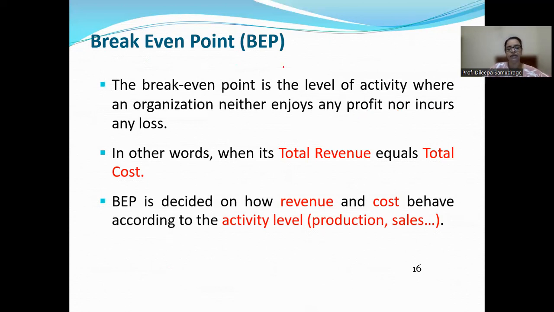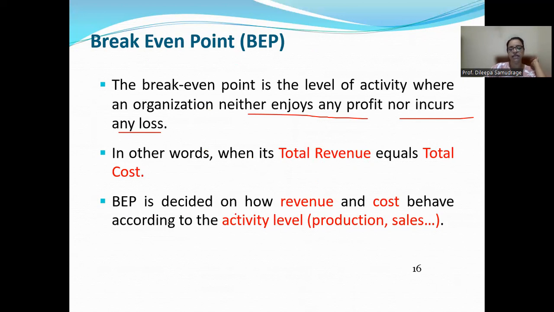So, break-even point. The break-even point is the level of activity where an organization neither enjoys any profit nor incurs any loss. So break-even point means where you don't get any profit and you don't incur any losses. In other words, total revenue equals total cost.